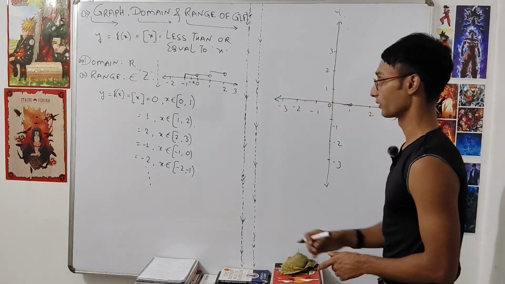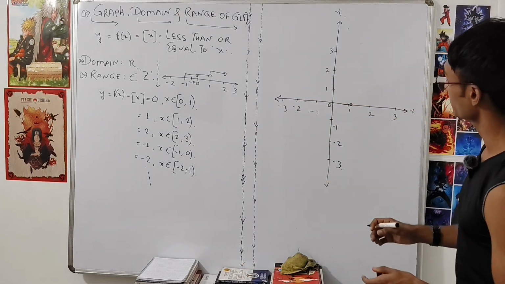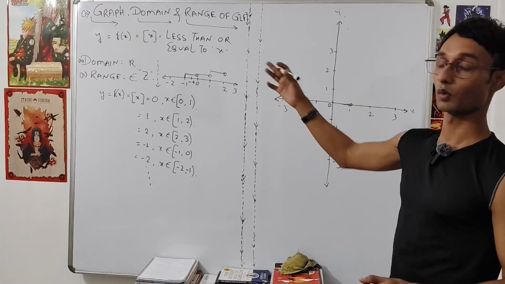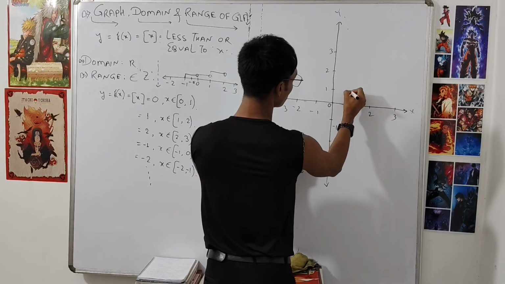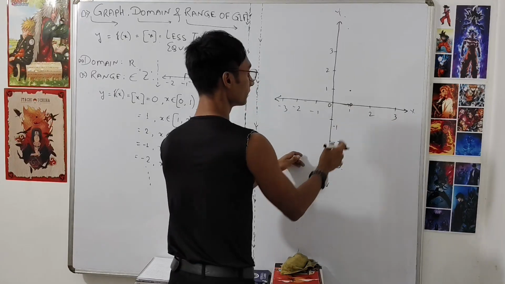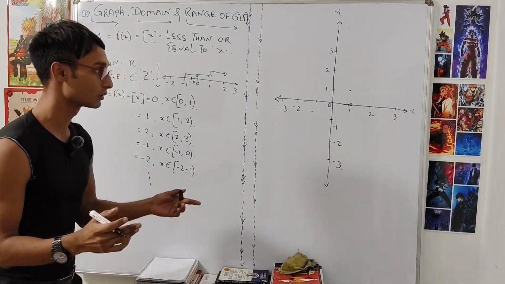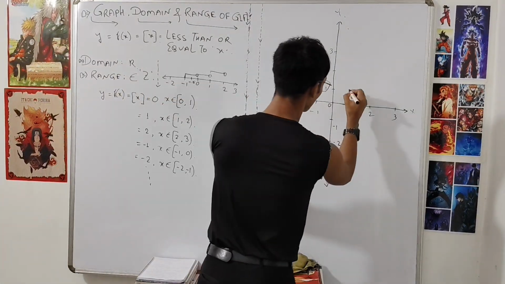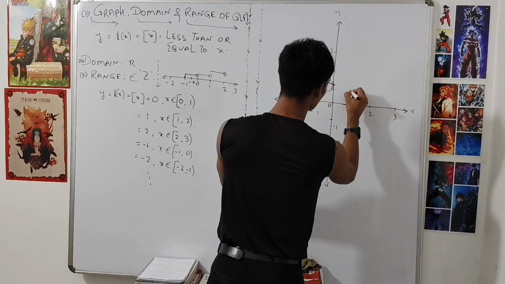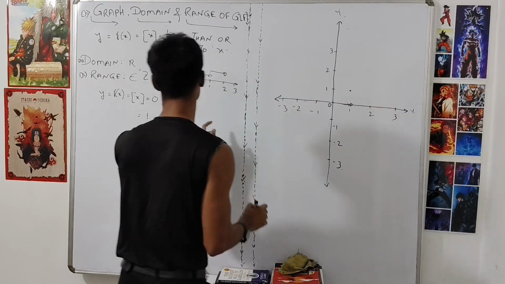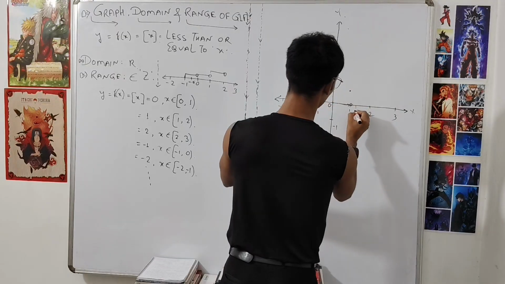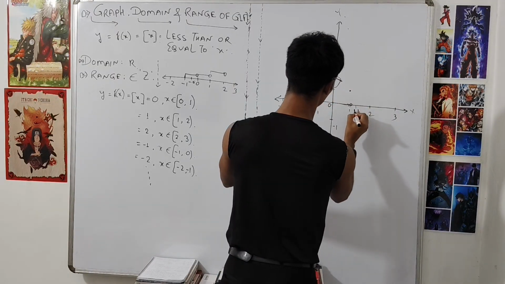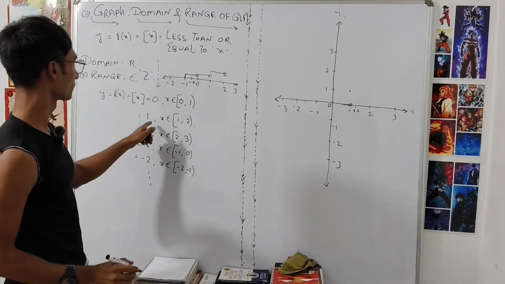So from 1 to 2, floor x has jumped to 1. From 1, y = floor of 1 = 1. So at the point of 1, y is simply 1, right? Now again, at 1.1, at 1.2 it will also produce 1.